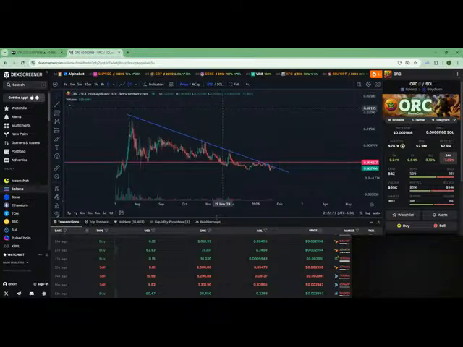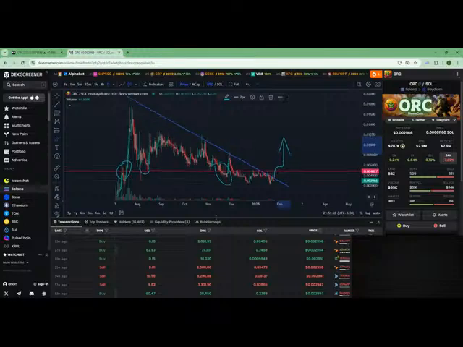Every time the market came, you see the first one, second, and there are more rejections. So if the market breaks up like this, then it's a confirmation it will go higher.